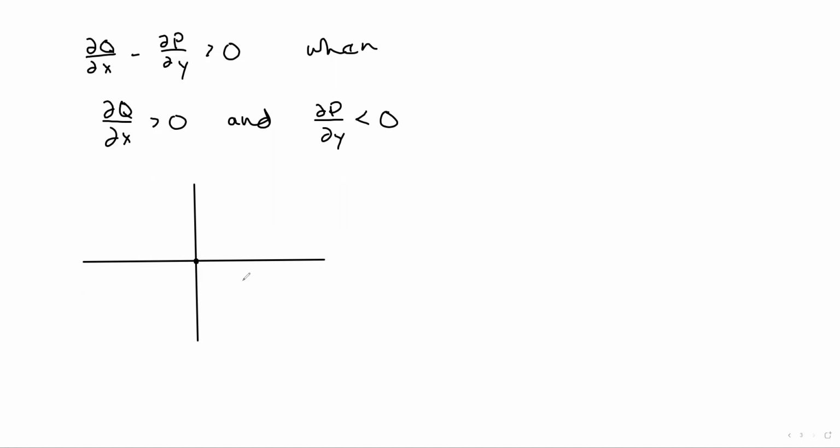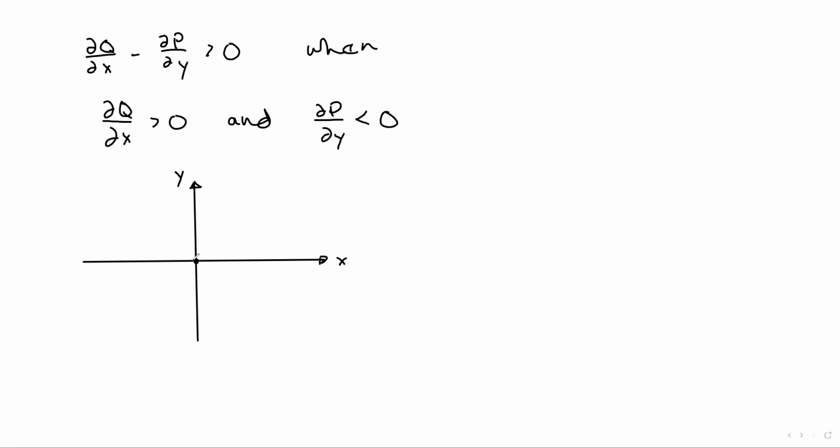By the way, this is an xy axis. This is still a three-dimensional problem. You're just looking at the part of the vector field that is in the xy plane. You can slice through the vector field and just look at the behavior in the xy plane.